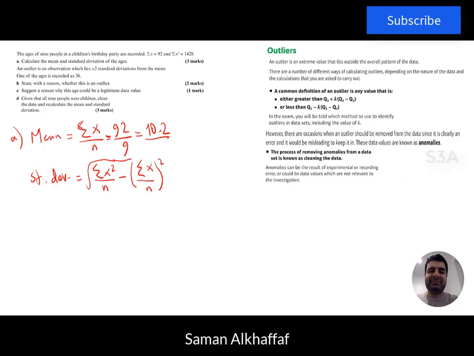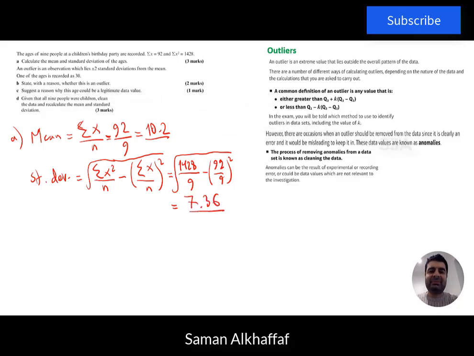So in this scenario, we plug in the values: 1428 over 9, taken away from 92 over 9 squared, all under the square root. That will give us approximately 7.36, which is the value for the standard deviation.